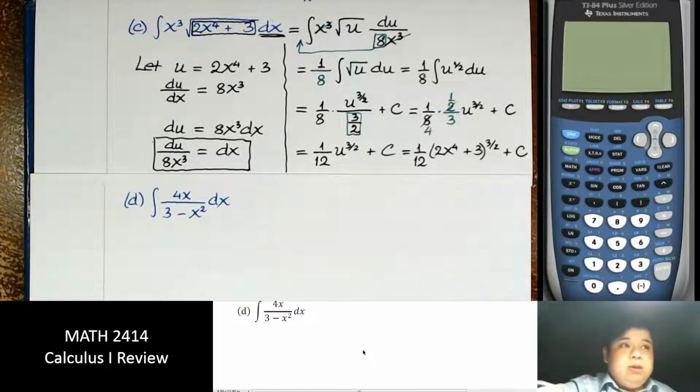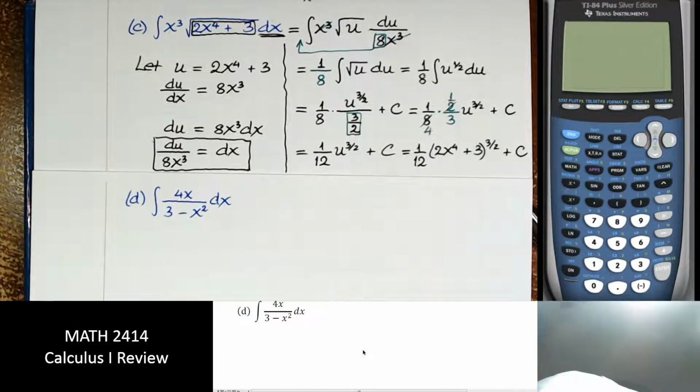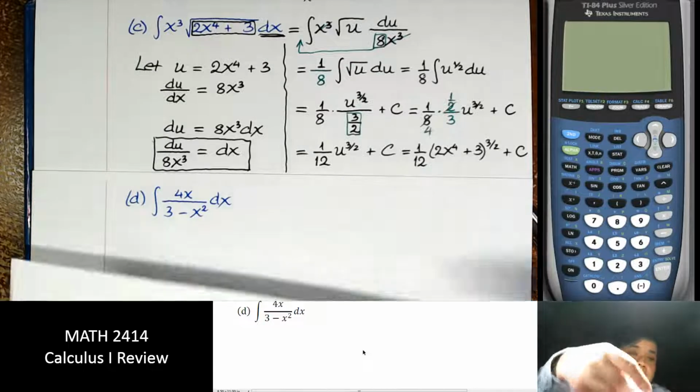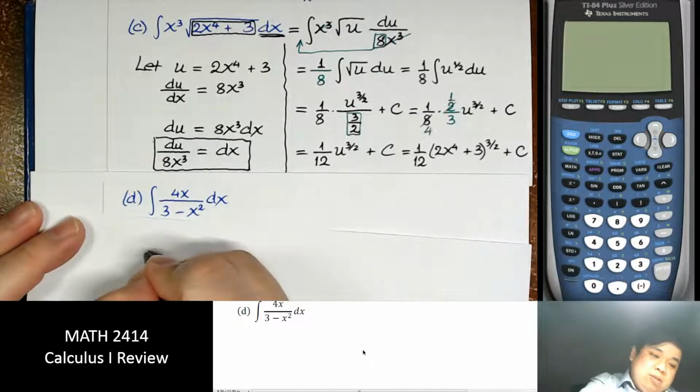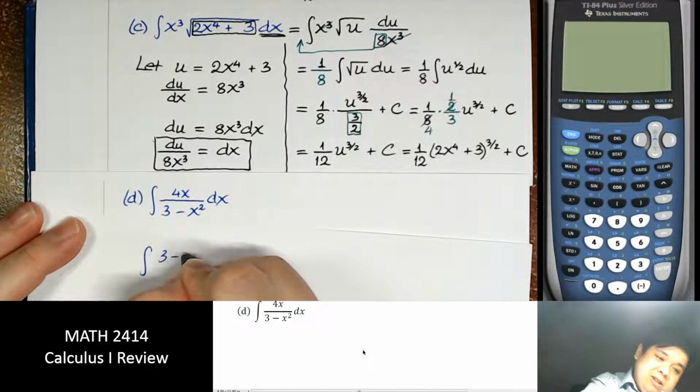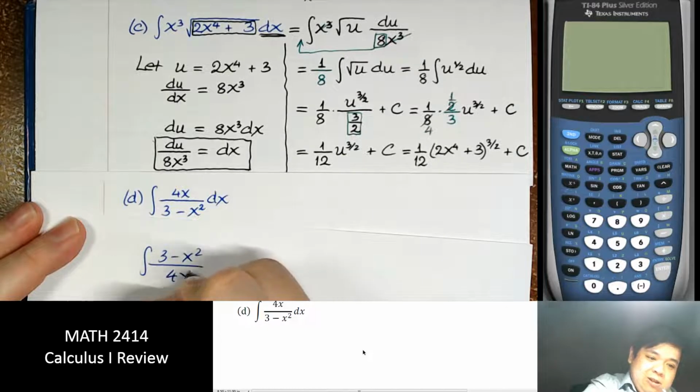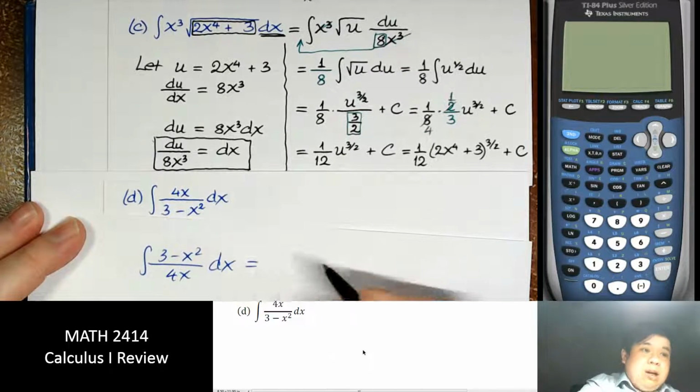Right. Same thing. On this one, we have to use substitution because we cannot integrate like this. Unless, of course, we're talking about this problem, then we can perfectly split.